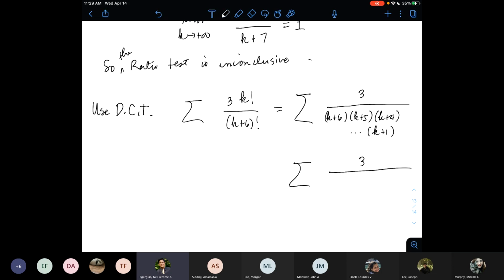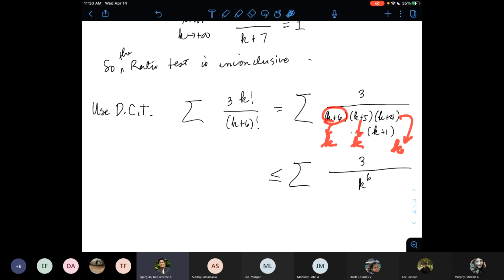Oh, it would be larger. I'll be making the denominator smaller. Okay, that's fine. This would be k to the power 6. And I guess this fraction is larger, or this series would be larger. Why will it be larger? Because all I did there is replace k plus 6 by k, replace k plus 5 by k, replace k plus 4 by k, all the way to k plus 1, which will be replaced by k.